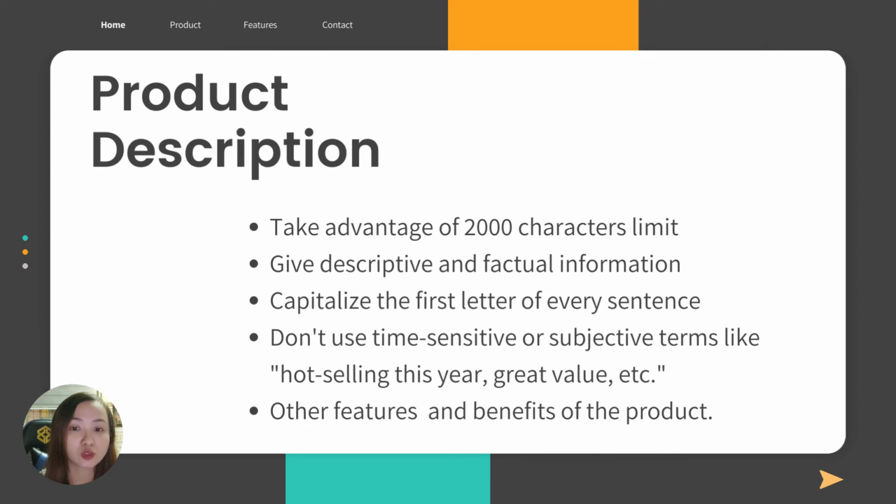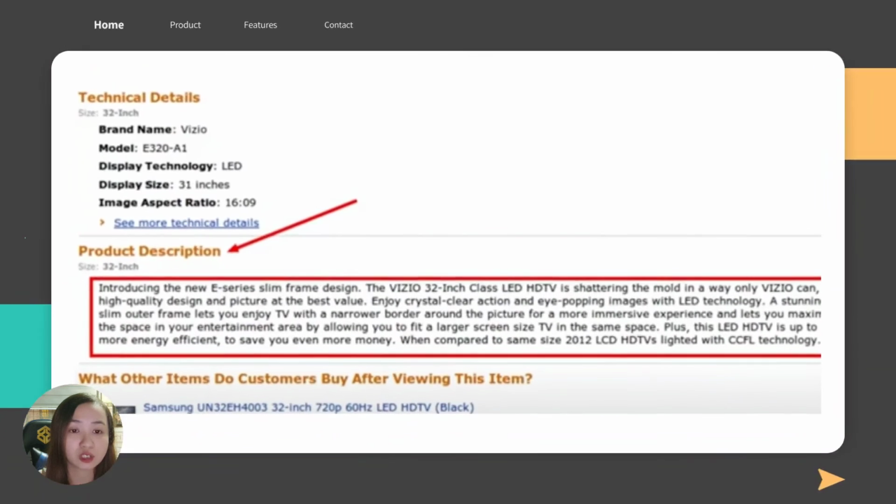We should also not use time-sensitive or subjective terms like hot selling this year, great value, and so on. Product description also plays a vital role in Amazon search rankings and conversions. Take a look at this example of product description.